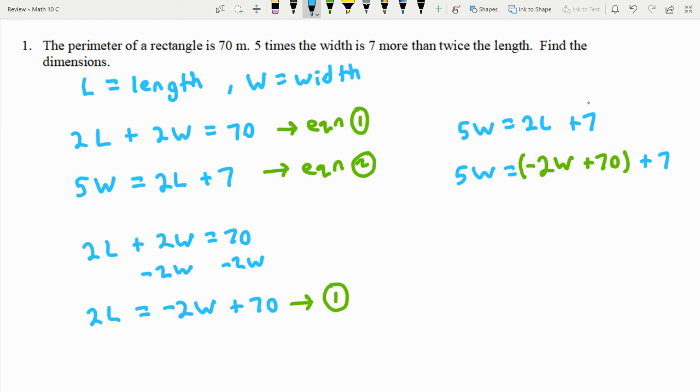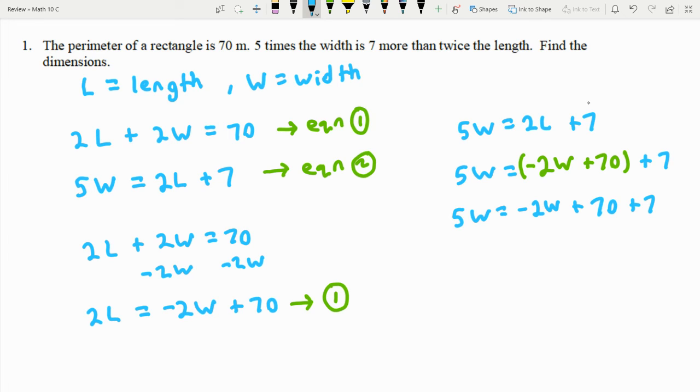Now from here, I'm going to simplify, and I'm going to start by getting rid of my brackets. Since there is no coefficient or negative coefficient in front of my bracket, the only coefficient is 1, I can just remove my brackets and say 5w equals negative 2w plus 70 plus 7.